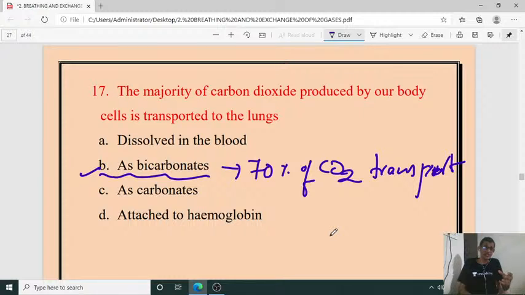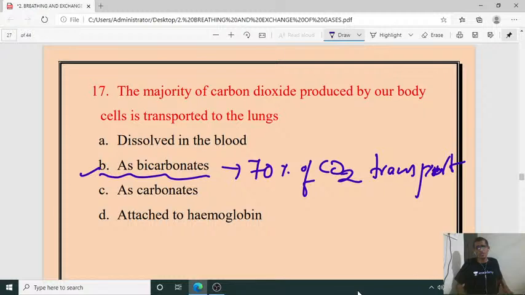The bicarbonate ion will move from RBC into plasma, and simultaneously the chloride ion will shift from plasma into RBC to maintain the electrical balance. The plasma later carries this bicarbonate compound. Thereby about 70% of carbon dioxide is transported.